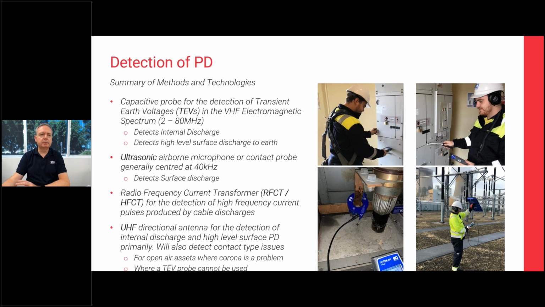The bottom right picture is a directional ultra high frequency antenna, again feeding into the same instrument, and that will detect what's happening in these high voltage yards, and will also be able to ignore corona activity, which can cause interference issues in that sort of environment. So all of these techniques are deployed depending on the situation that we're in, in order to find the different types of discharge on all the assets.